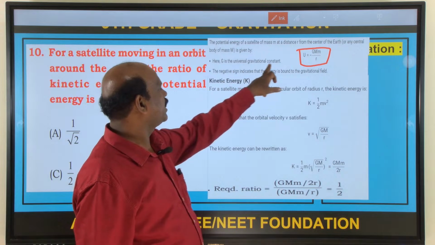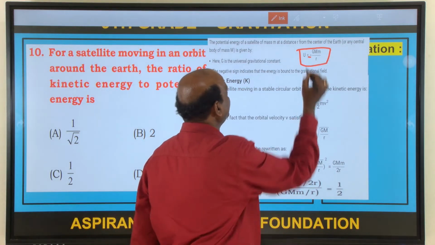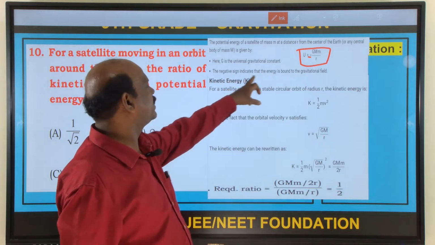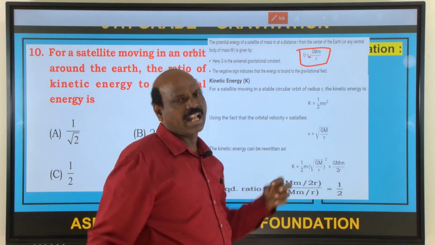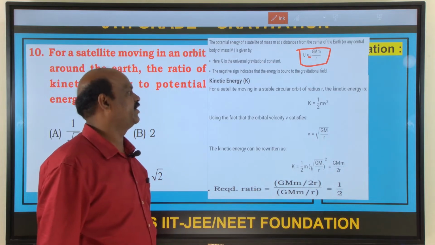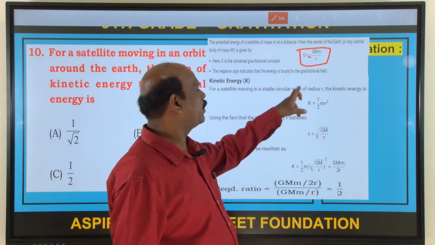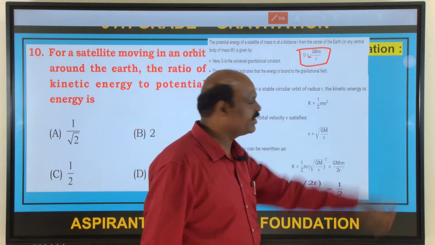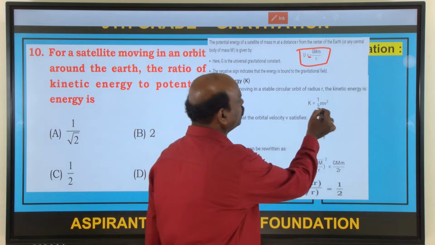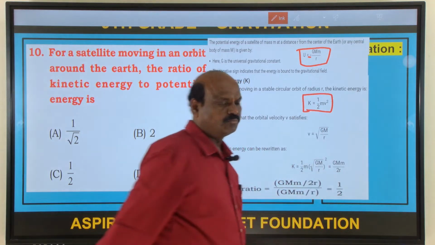Here G is the universal gravitational constant, and the negative sign indicates that the energy is bound to the gravitational field. Next, for the kinetic energy, for a satellite moving in a stable circular orbit of radius r, the kinetic energy is given by K equal to half mv square.